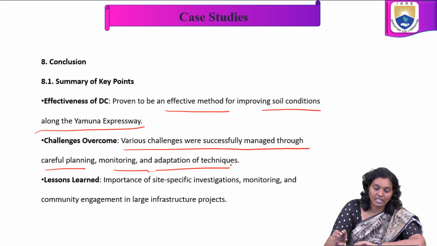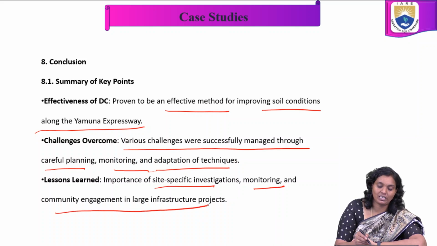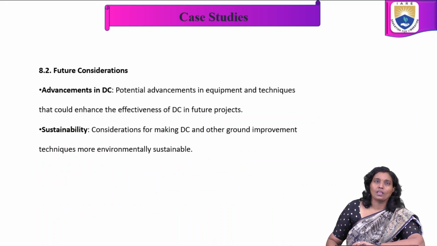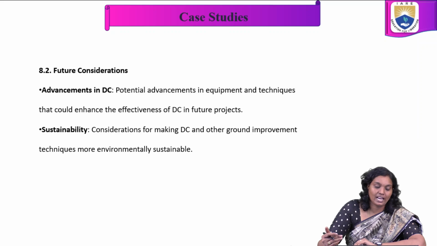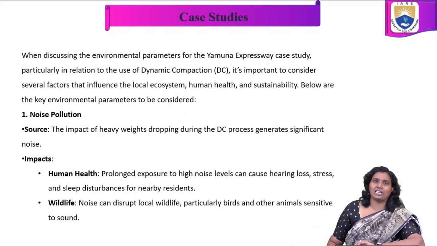This shows the importance of site-specific investigation, monitoring and community engagement in large infrastructure projects. In future considerations, there are potential advancements in equipment and techniques that could enhance the effectiveness of dynamic compaction in future projects, and sustainability considerations for making dynamic compaction and other ground improvement techniques more environmentally sustainable.